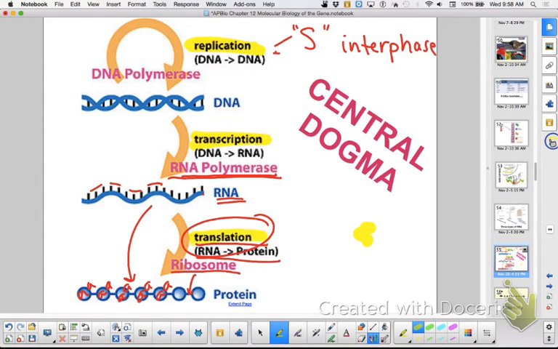Replication, transcription, translation. Replication, I am making an exact copy. Transcription, think about this. Transcription, I am still in nucleic acid language, right? If I say the words hello, I can say that word and then you could type them up. You're transcribing my words.